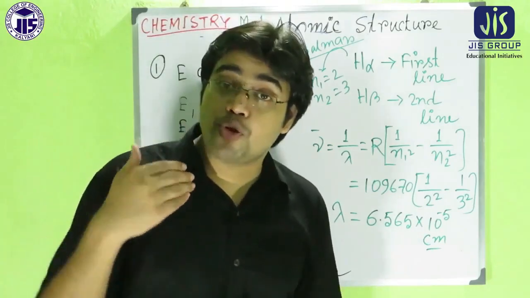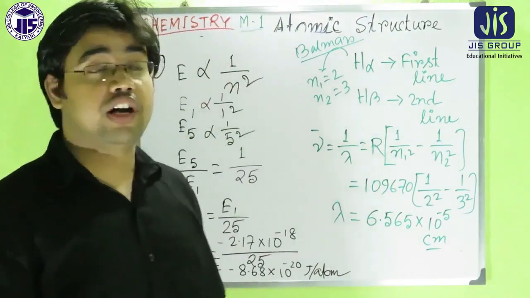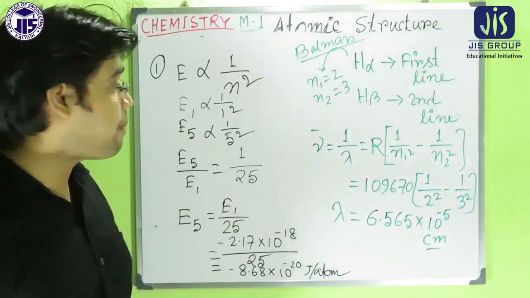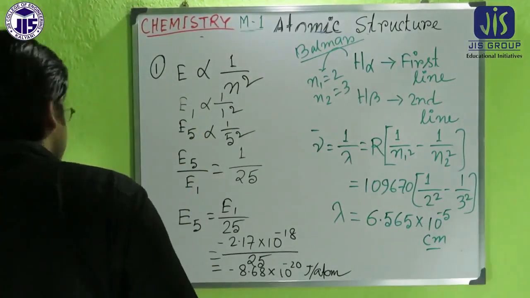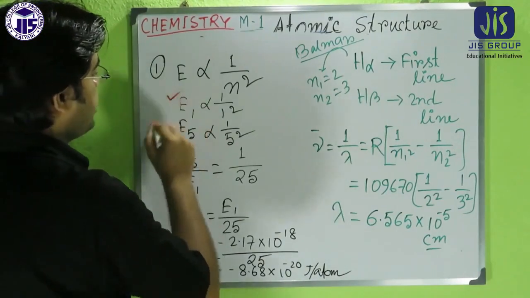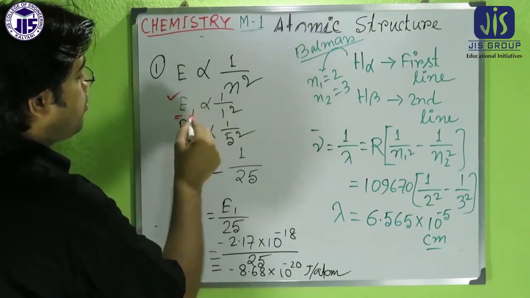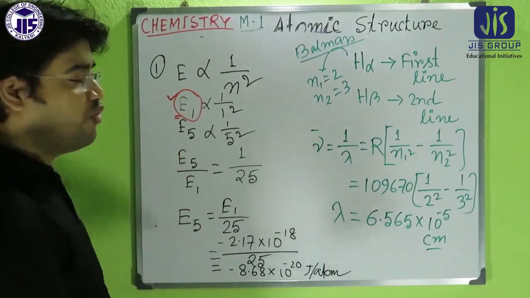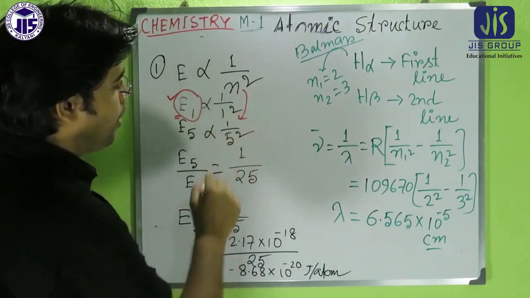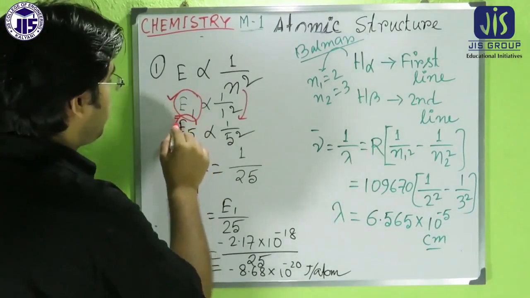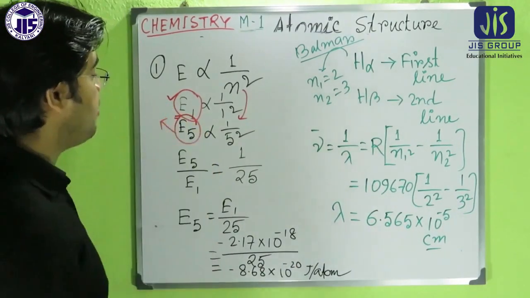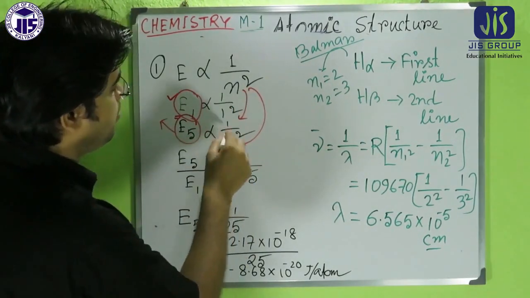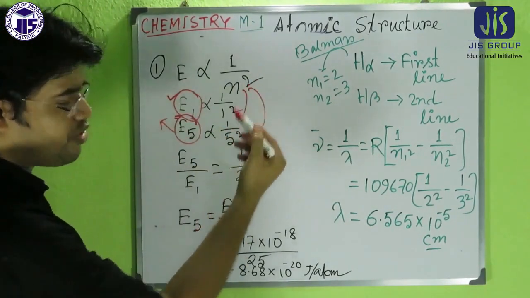Now if E is inversely proportional to the principal quantum number square, we can write E1 proportional to 1 by 1 square, for it is the energy associated with the first Bohr orbit, so n is 1. For E5, the fifth Bohr orbit, n equals 5, so E5 is inversely proportional to 5 square.